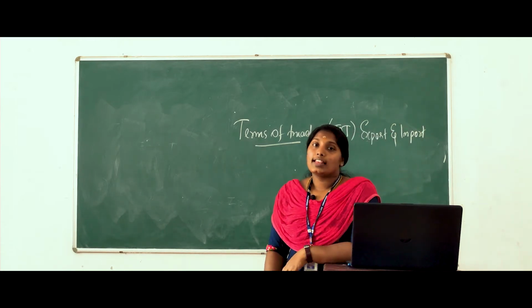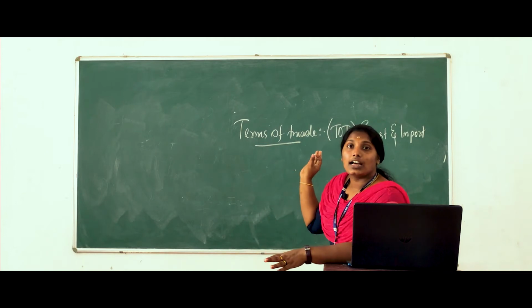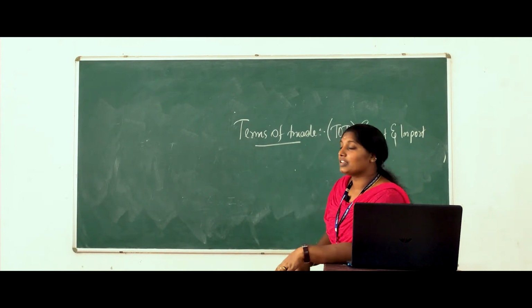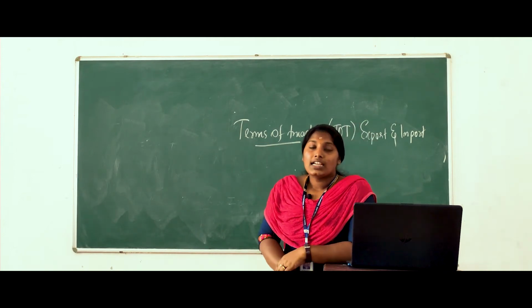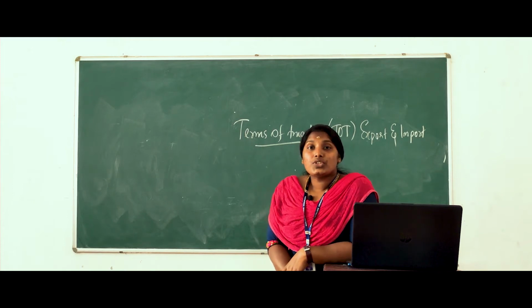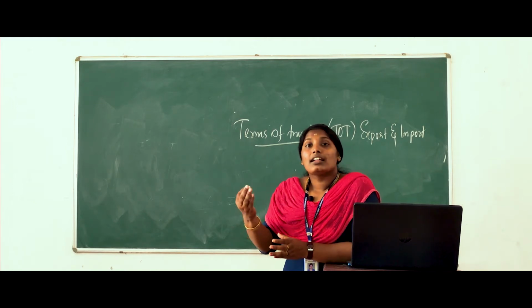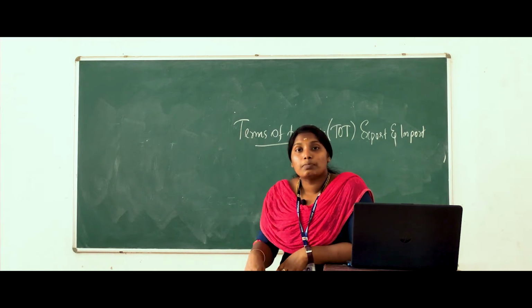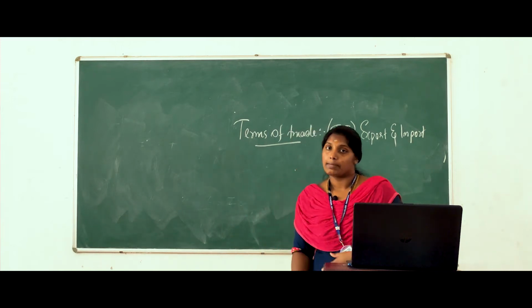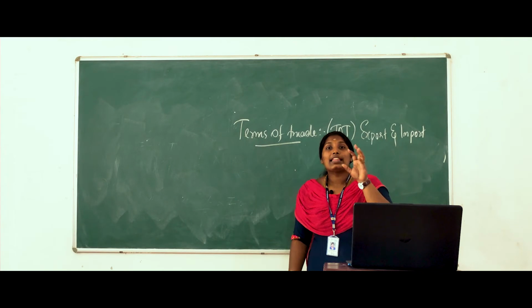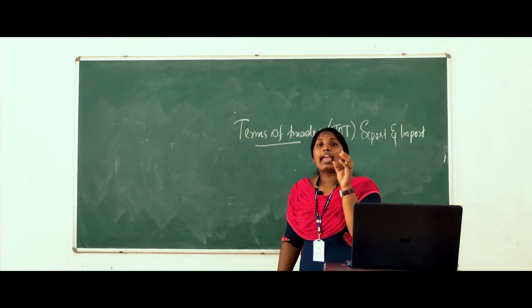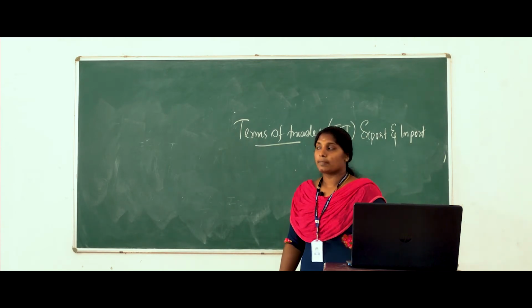Obviously the terms of trade is related to export as well as import. So the terms of trade measures the price a country gets for its export and the price it pays for its import. It is nothing but the relative price of the exporting and importing countries.